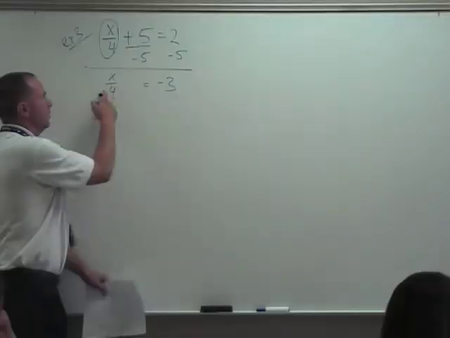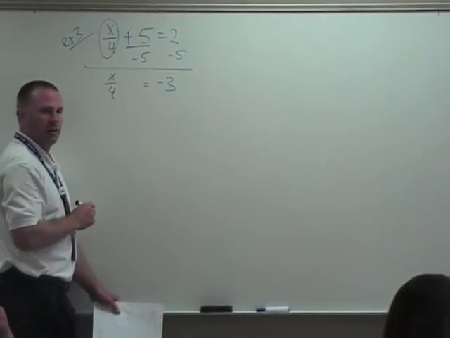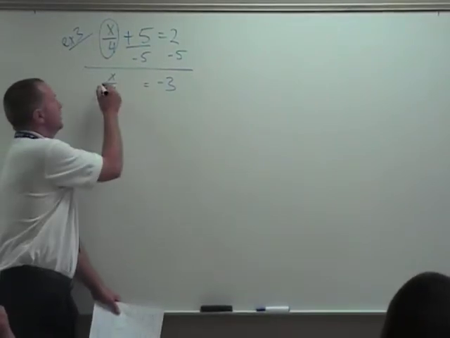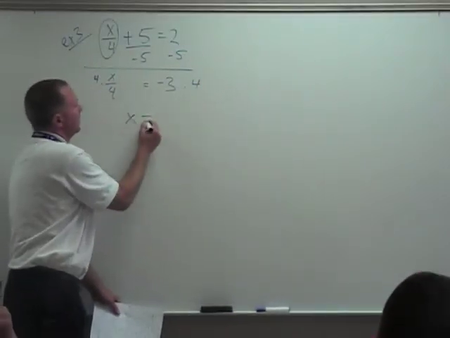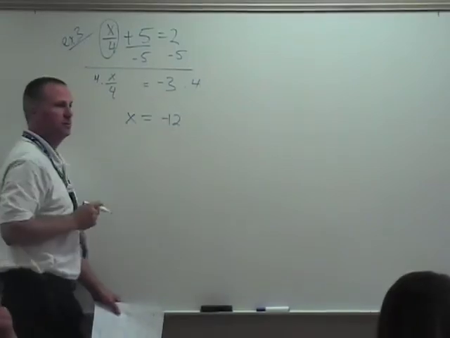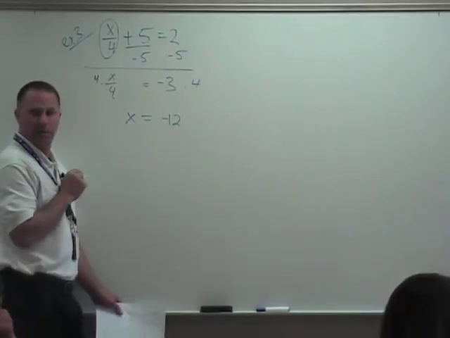Correct? All right. 4 is attached by division. You can either multiply by that or multiply by the reciprocal, which is still 4, to every term. So x equals negative 12. All right, so stop me if I do something that doesn't make any sense to you.